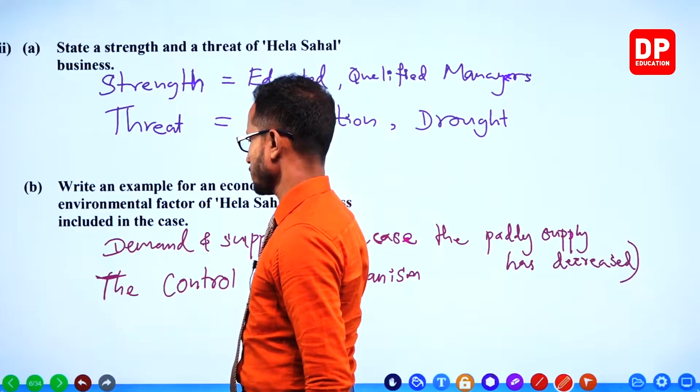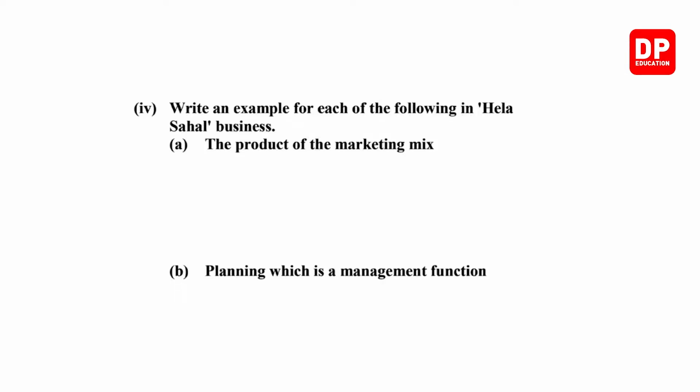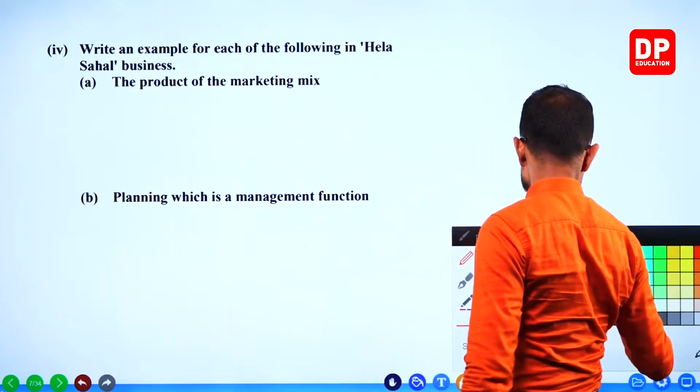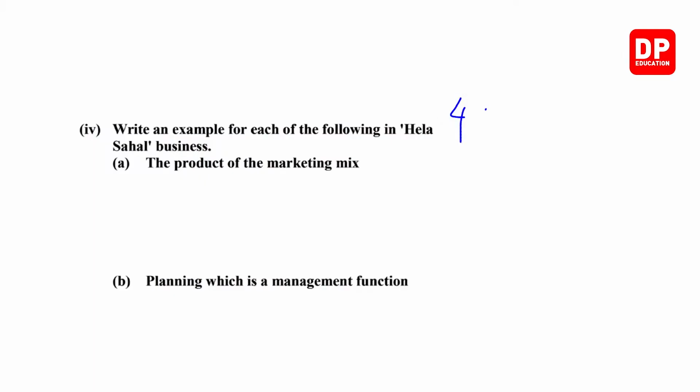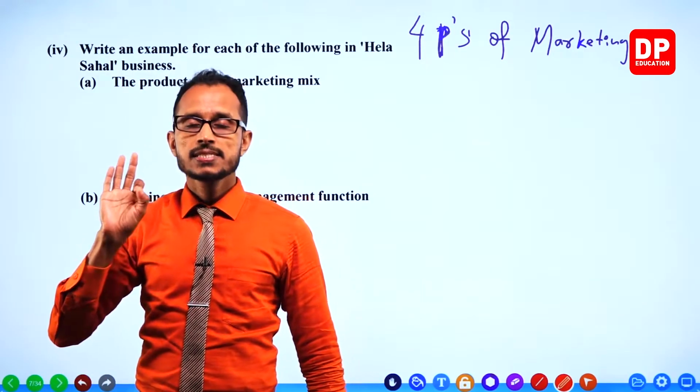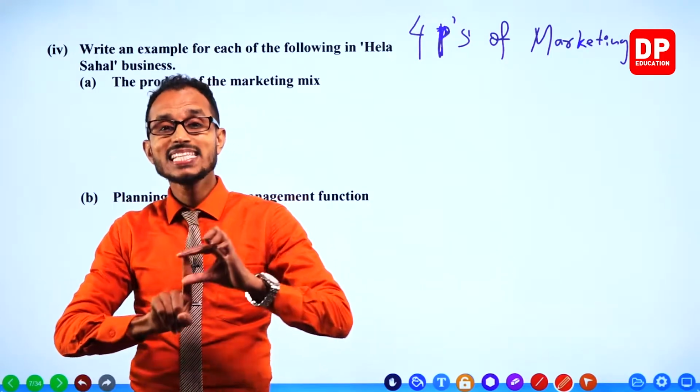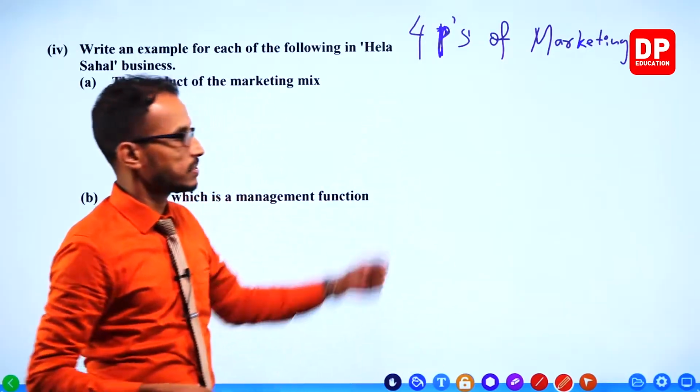Okay. Next, write an example for each of the following in Hela Sahal. Product of the marketing mix. Oh, easy one. What are the 4 P's of marketing? P's, not peace, but P's. No, the letter P. You know that.